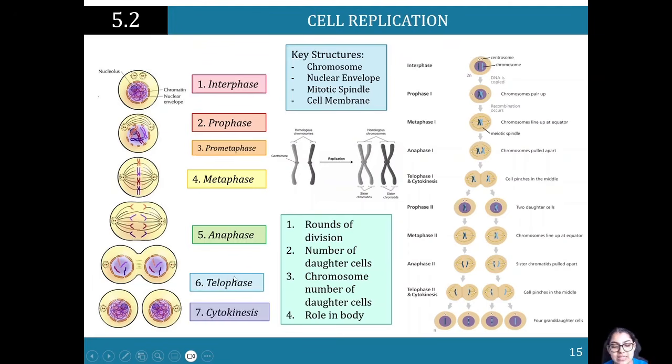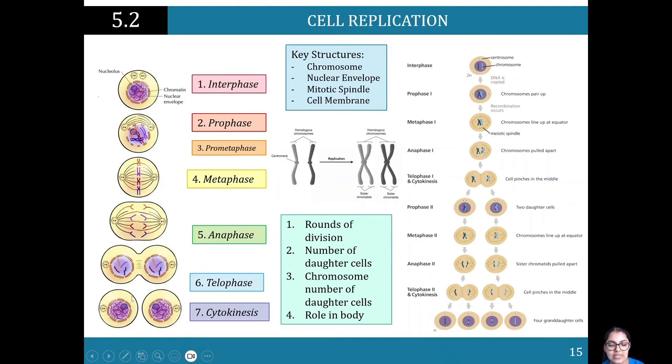From there, in telophase, once those chromosomes are pulled apart, and now we have a copy of the chromosome on each side, we then start to see the nuclear envelope form again right there. It forms again, and then the cell begins to stretch, so that now we've got the beginnings of the two cells here.